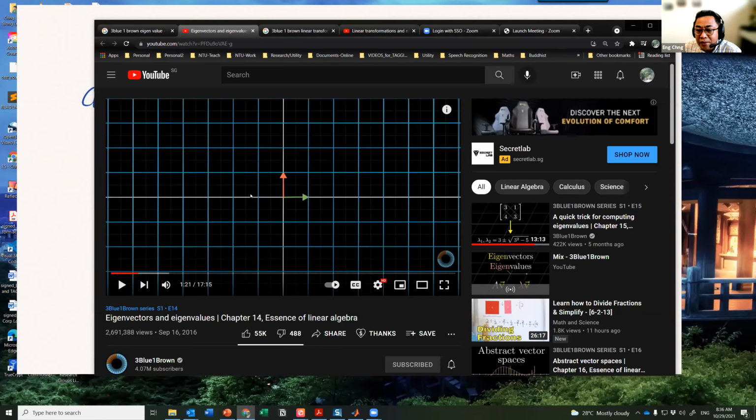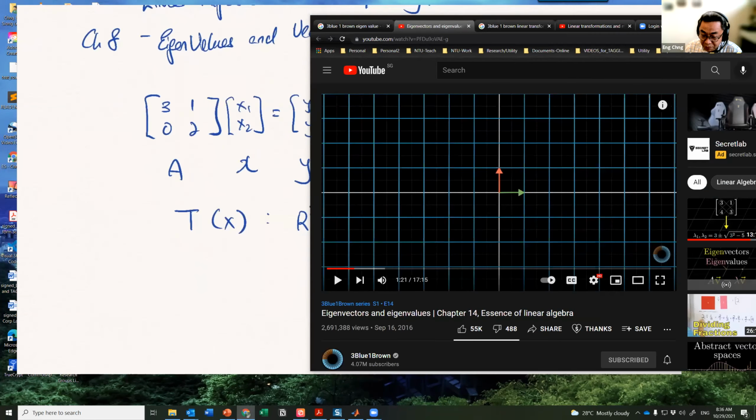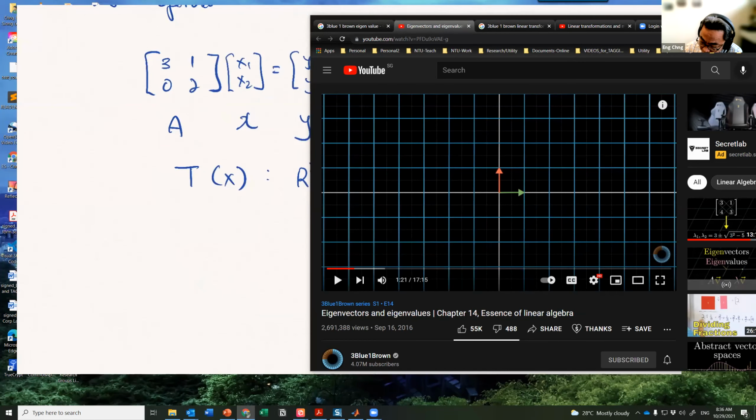All these squares that you see and all the points that you see are the input space. And now he's asking you to look at 2 points, the green vector and the red vector. Let me be very precise. The green vector is an x, and this x is 1, 0, right?